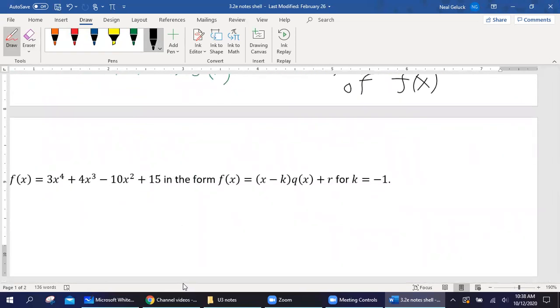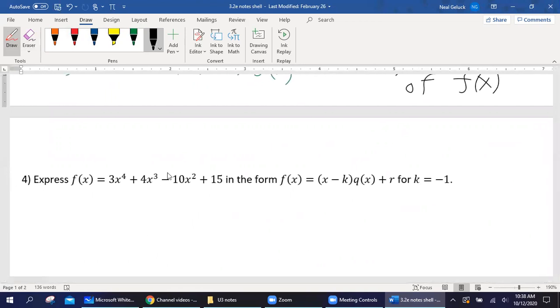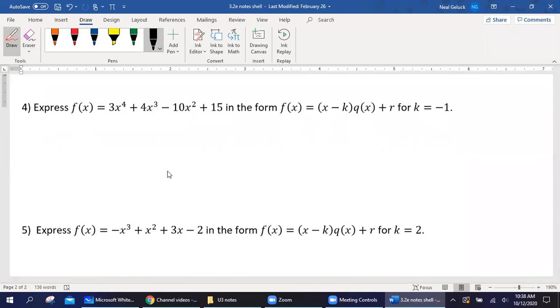For the last couple problems here, we're going back to basically our division algorithm, what we started off with. So we want to write this in the form divisor, quotient, plus remainder.